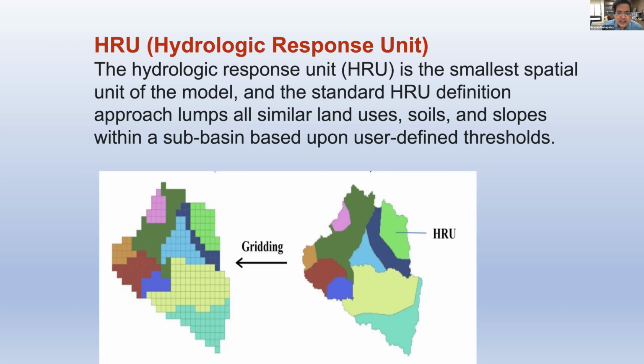So the user is to define what the HRU is. You can see the figure here on the right-hand side. This is the catchment, the outside boundary, but then the catchment is divided into different sub-catchments, HRUs. So that is again up to the user.